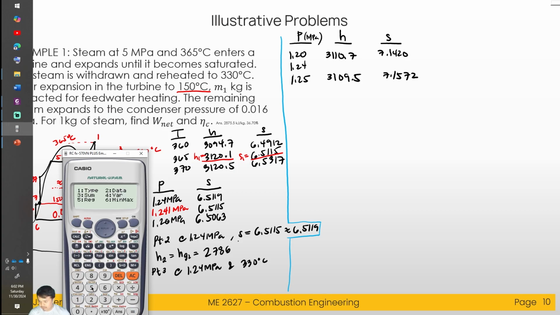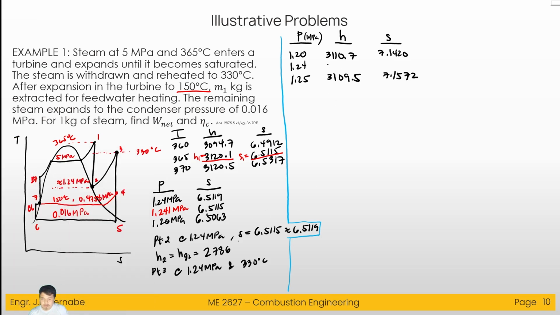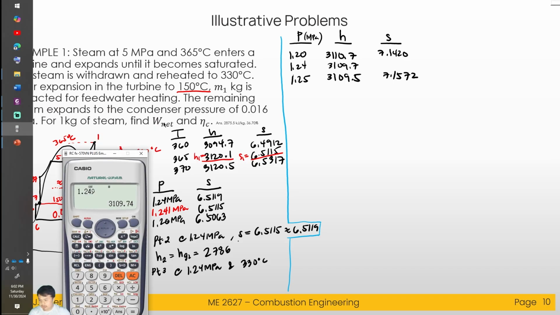Our value is at 1.24, so we get 3109.7. Then for the entropy at 1.20 and 1.25 MPa, we have 7.1420 and 7.1572, and at 1.24 the value is 7.1542.